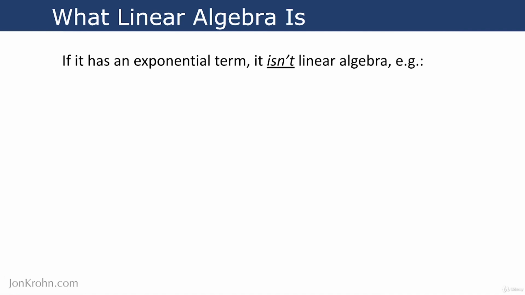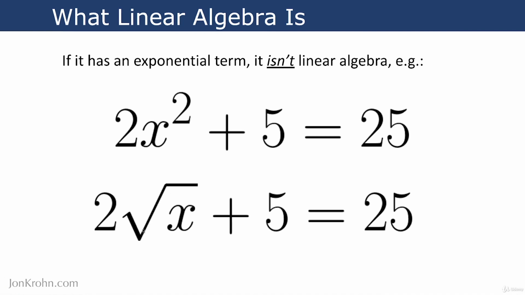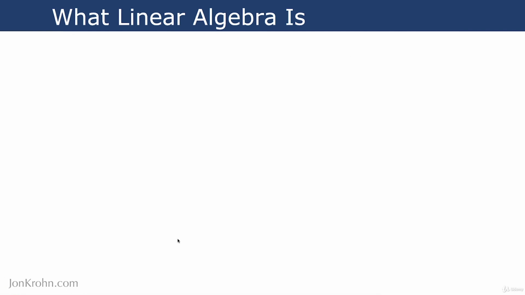Now, to dig into what linear algebra is a bit more, it isn't linear algebra if it has an exponential term. So for example, an equation that has 2x squared plus 5, well, that isn't linear. It's a nonlinear transformation. And then a square root, that's also a nonlinear transformation. So this equation is also not linear algebra.